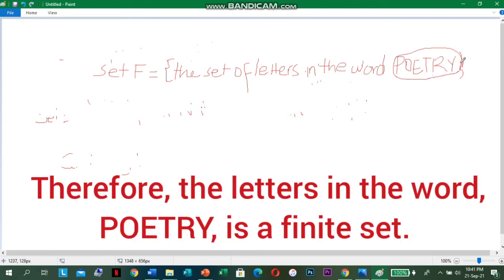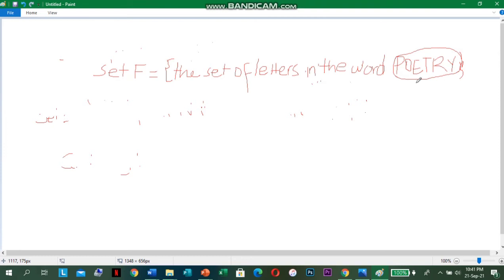It is specific, it is definite, and it can also be named. So therefore, the word poetry is a finite set and not an infinite set.